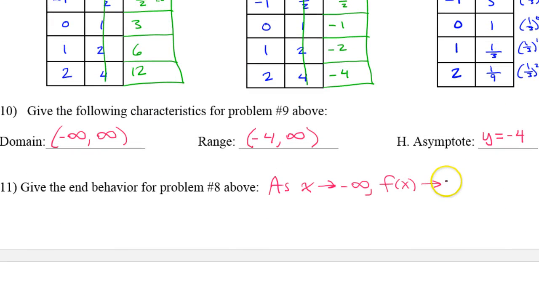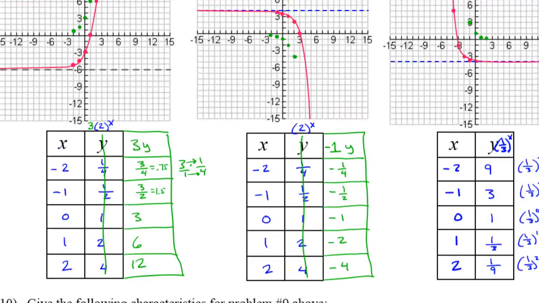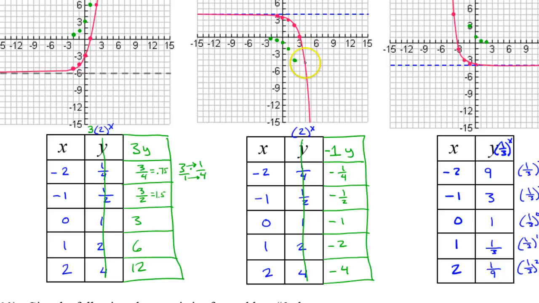So I'm going to put 4. Okay, and then I'm going to say as x approaches positive infinity, meaning as we go to the right, the function approaches, all right, this is a y value. So as I go to the right, the function goes down, down, down, down, down. So that's negative infinity.